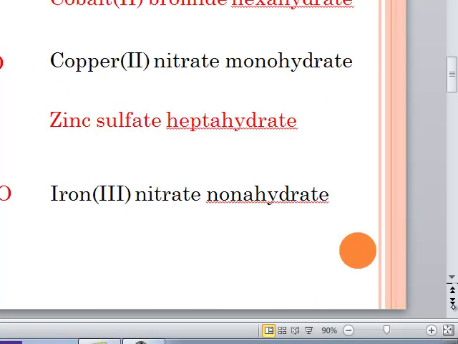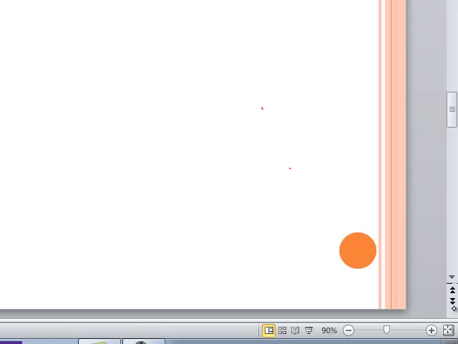Hopefully you got all of them right, and now we can move on beyond the names and formulas of the hydrates. A very important one, as you did in your lab, is how to figure out the hydrate formula.